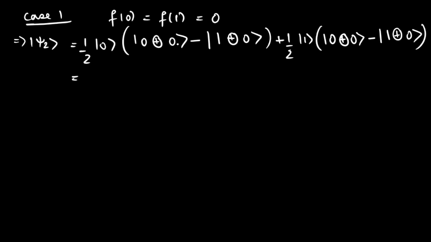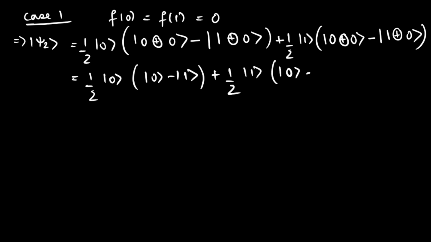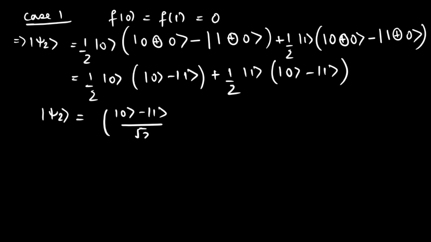Now we all know for the XOR gate, if x and y are both 0 or both 1, the answer is 0, and if they are 0, 1 or 1, 0, the answer is 1. So we'll have psi 2 equal to half |0⟩(|0⟩ − |1⟩) plus half |1⟩(|0⟩ − |1⟩). By simplifying this, finally we will get psi 2 equal to (|0⟩+|1⟩)/√2 tensor (|0⟩−|1⟩)/√2, that is, by taking 2 common and splitting it into root 2 times root 2.